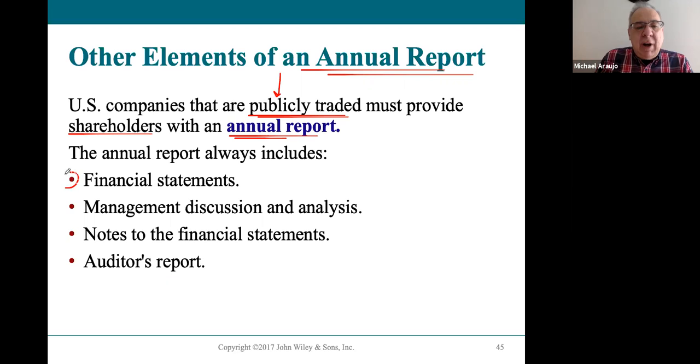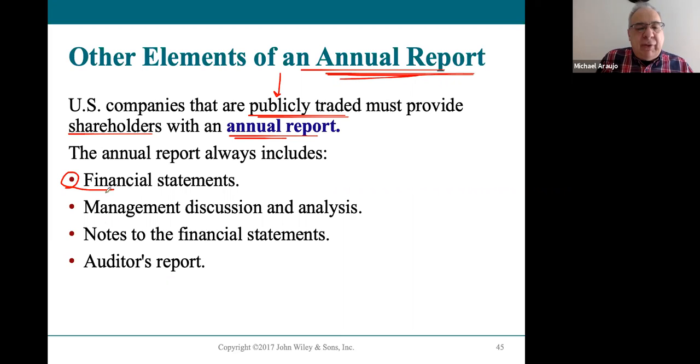One of the things you are going to see for sure is these financial statements that you just learned about in an annual report. And because it's an annual report, it's going to show the full 12 months' worth of data for their income statement, for example, and their retained earnings statement and their cash flow.